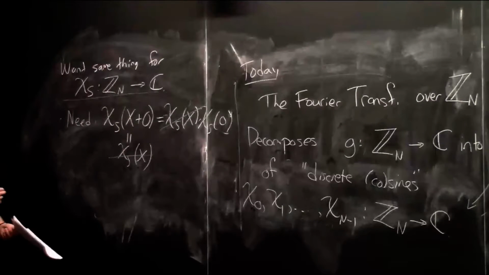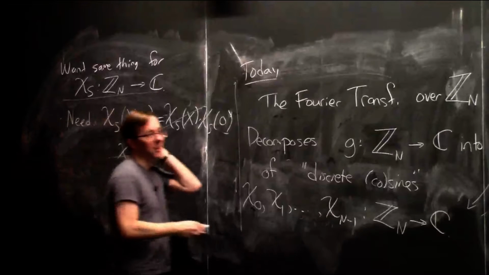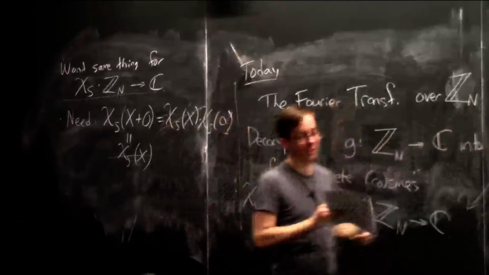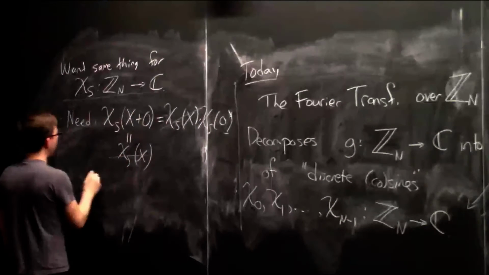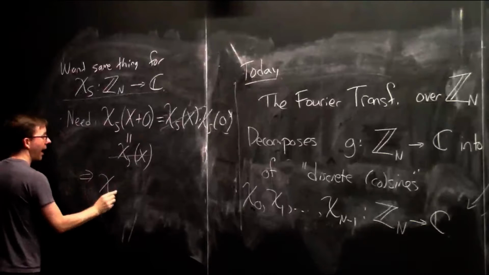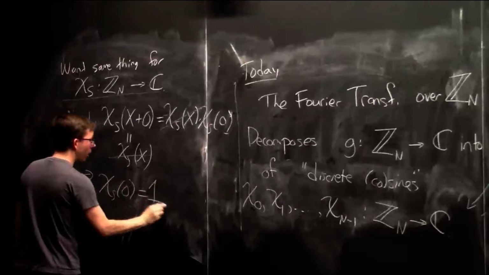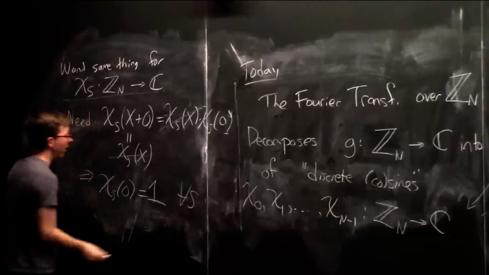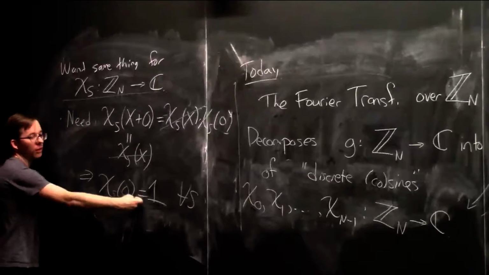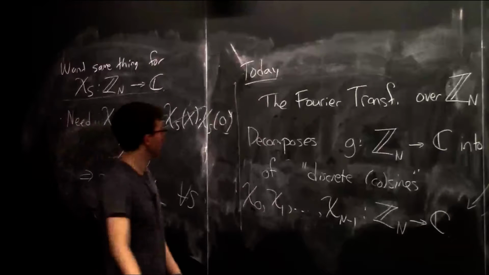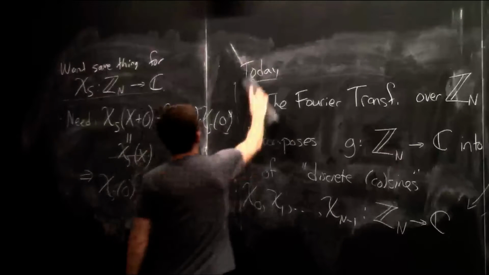But we're going to disregard the 0 function. We don't want it, it's not going to be orthonormal. So what that implies, just canceling it, is that chi s of 0 is going to be 1 for all s. Whatever these capital N functions chi s are, they have the property that if you plug in 0, you get 1. Okay, that's fine.